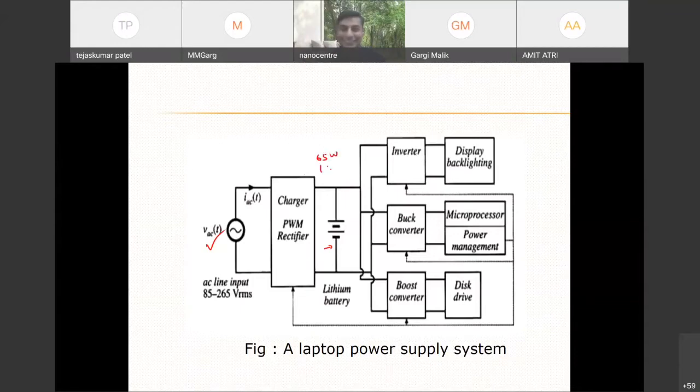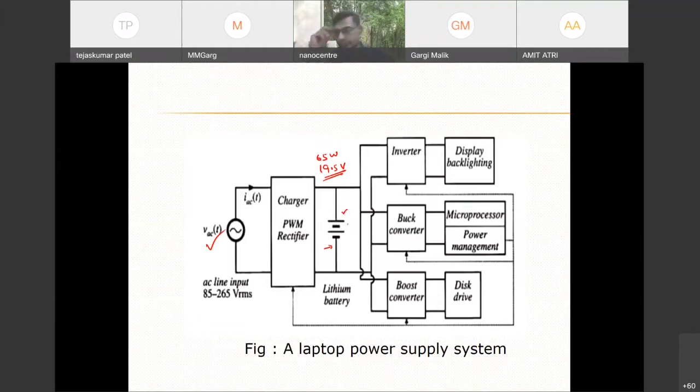Now, if we take a typical example of a laptop power supply system, we see that we have our AC input at our home outlet. Then we have a charger which basically converts AC to DC and charges our battery.